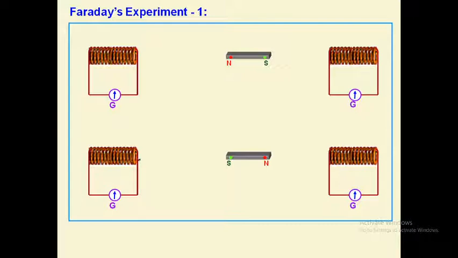So I must tell you this thing. Normally, if we need current, we will be needing some source of EMF, a cell, a battery. But Faraday kept in his mind, is it possible to get electric current without battery? So he started experimenting with the help of a magnet and a coil, as you can see in your screen.